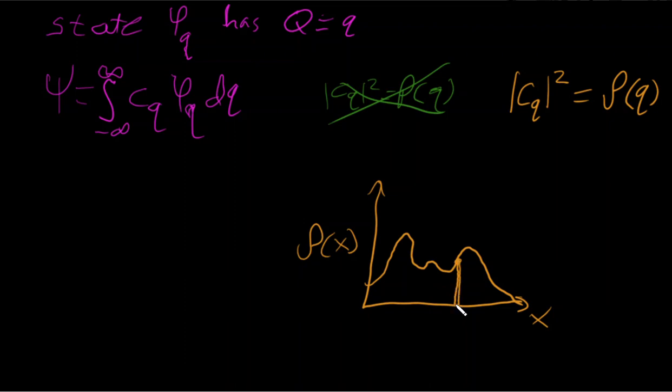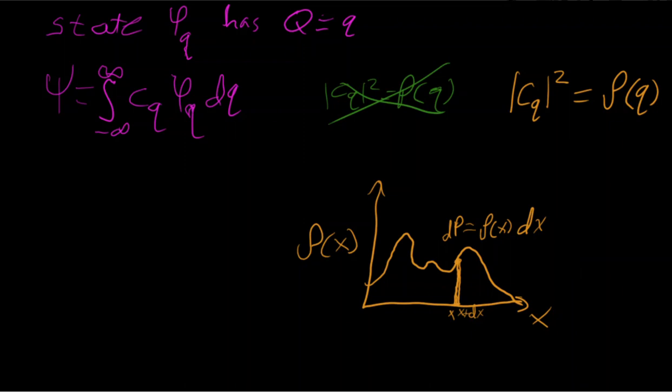But I can define a probability between this point, call this x, and this point, x plus dx. This is our infinitesimal probability, because in an infinitesimal range the probability would be infinitesimal. This dp is equal to rho of x times the little width of this rectangle, times dx.